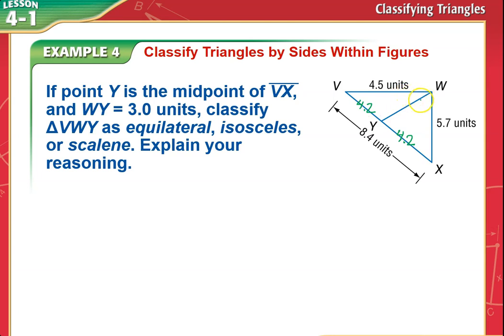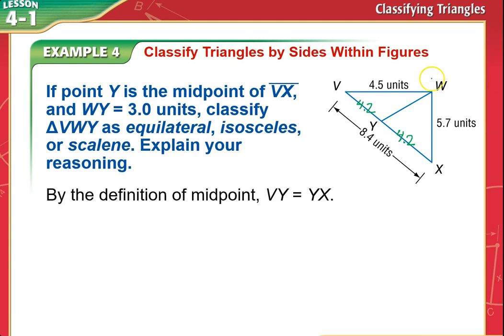Okay, and so we're just trying to decide if this is equilateral. The VWY, well, VWY definitely is not equilateral because 4.2 and 4.5 aren't the same. Isosceles has to have at least two sides the same, or scalene. I bet it's going to be leaning towards scalene.